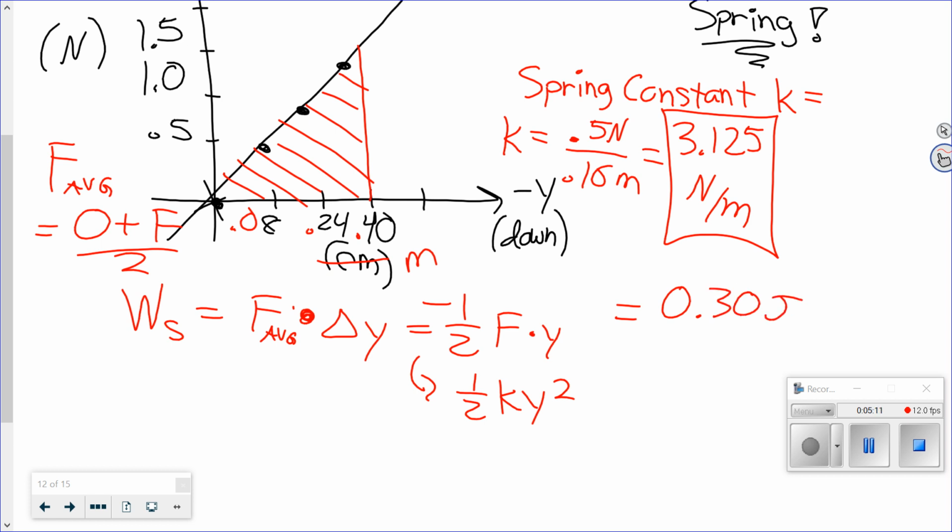Or if you try it, 1/2 kx squared. 0.5 times 3.125 times 1/4 squared is also, wait a minute. Oh man, that must be, yeah, I think it is. And it must be, that graph is super fishy.